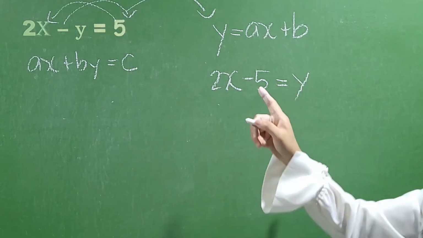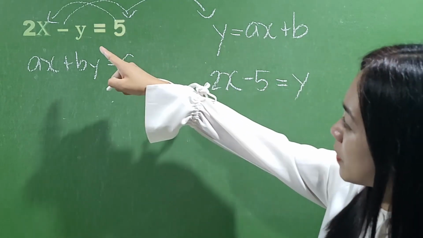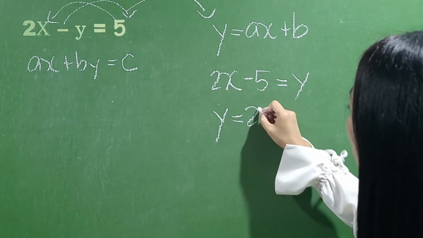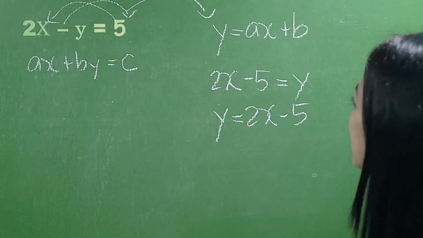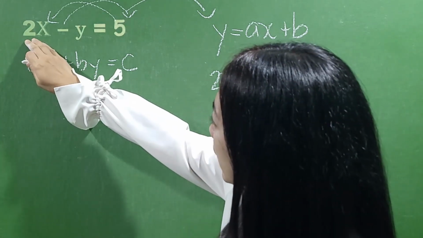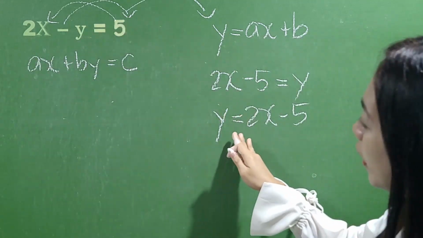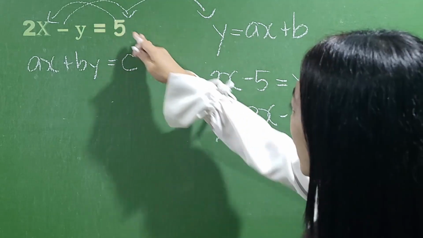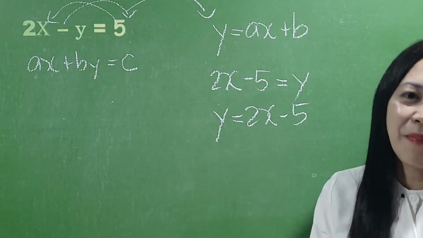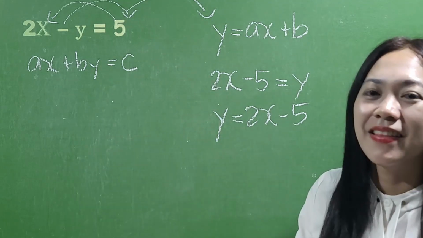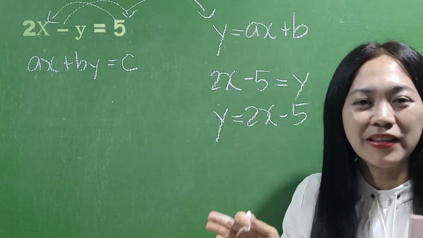So the slope-intercept form of 2x minus y is equal to 5 is y is equal to 2x minus 5. Since we just converted this standard form to slope-intercept form, these two equations are just the same. The meaning of the same here means that the graph is also the same.